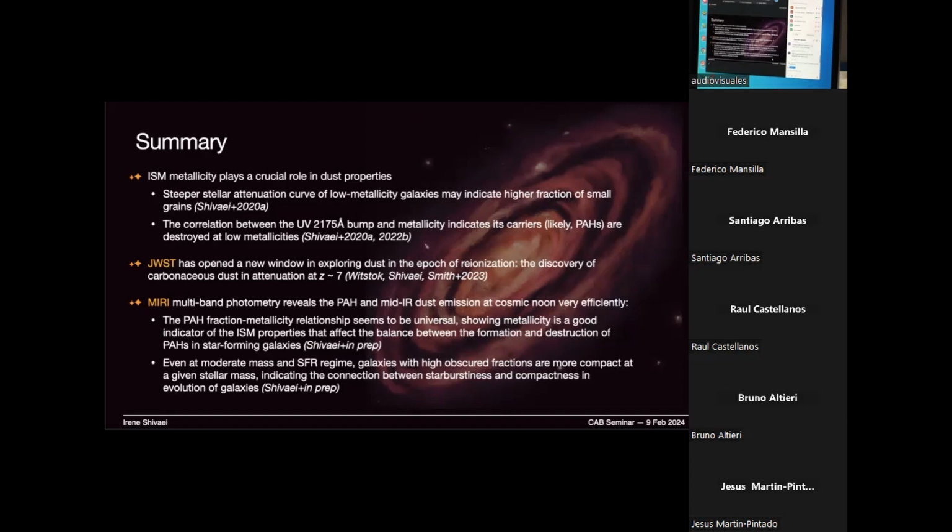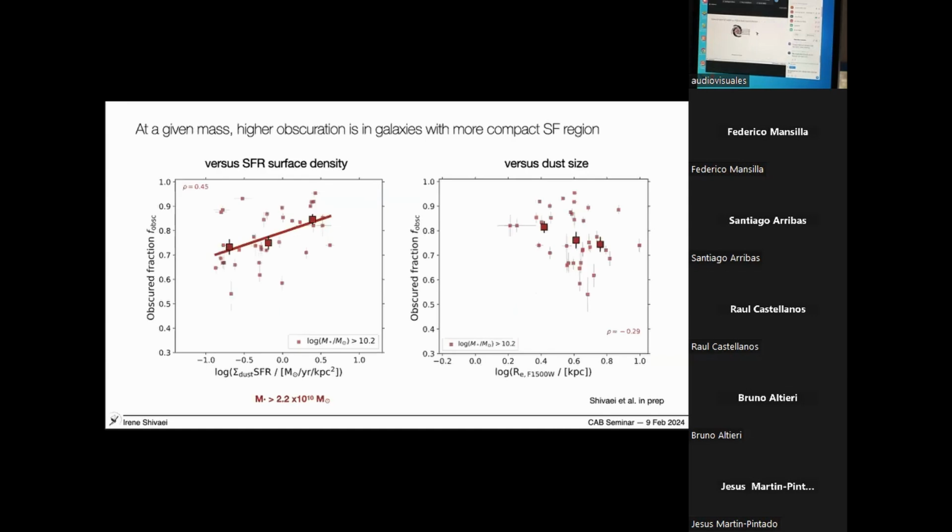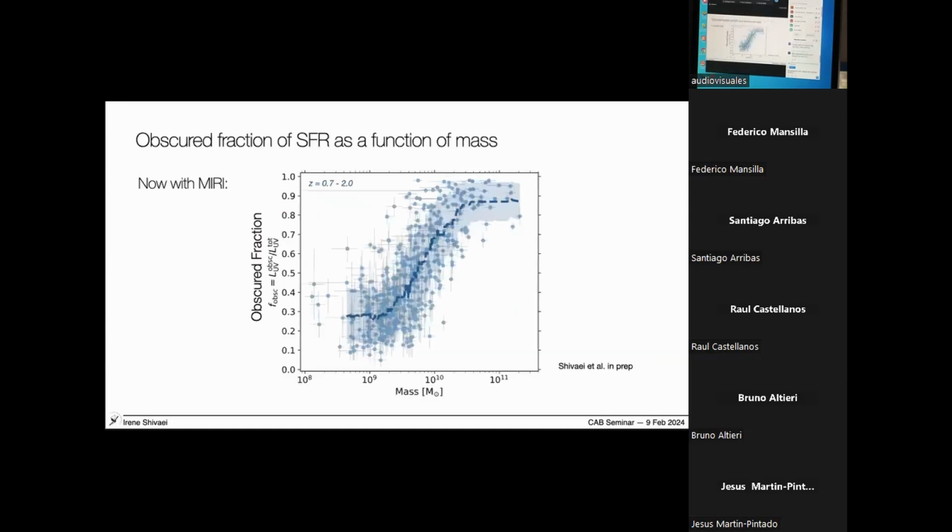Since you also had a lot of points there, have you made the reverse thing, the distribution of the number of galaxies, or which is your most common obscuration fraction for the redshift 2 to 4 range that you observed? Is that very peaked? So if you go to your diagram where you have all these blue points, there are a lot here. Yeah, it should be something like around here.